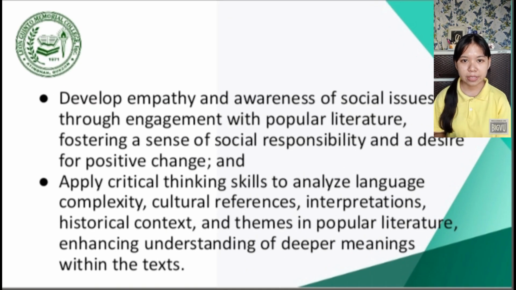Next, develop empathy and awareness of social issues through engagement with popular literature, fostering a sense of social responsibility and a desire for positive change. And lastly, apply critical thinking skills to analyze language complexity, cultural references, interpretations, historical context, and themes in popular literature, enhancing understanding of different meanings within the text.